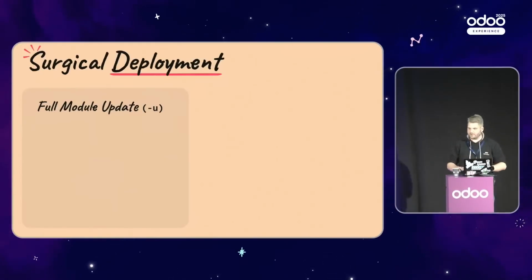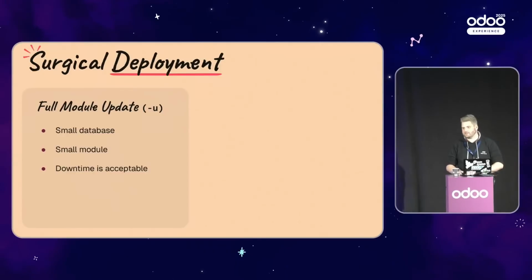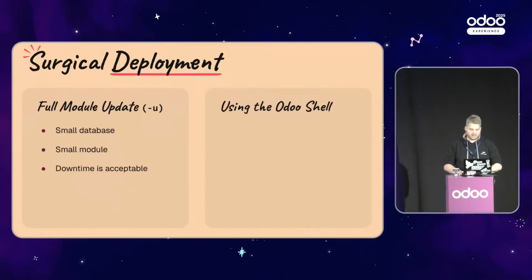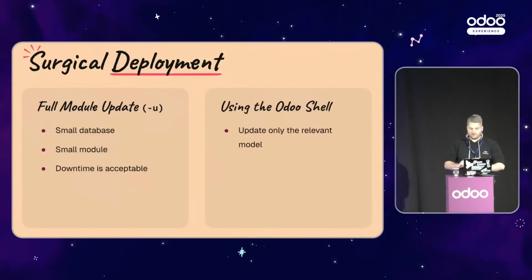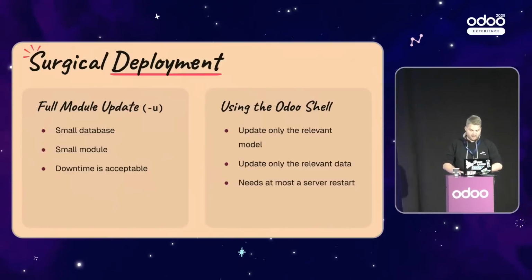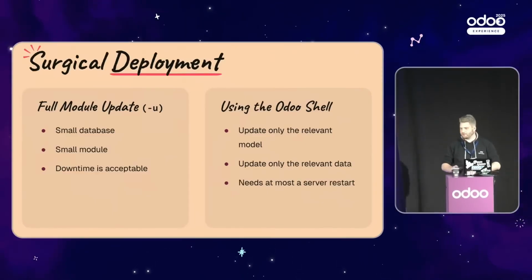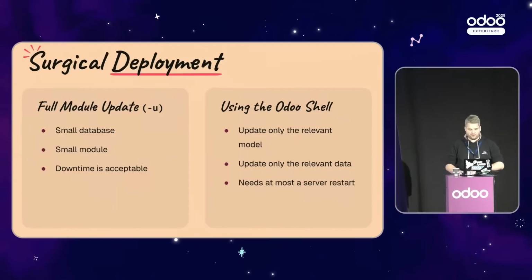It's perfectly fine to use it, but it's more relevant for small database, small modules also, but mainly, and the most important, if you can afford the downtime, of course. Now, with the Odoo Shell, what's great is that you can actually only update the relevant model, only update the relevant data, and of course, at most, you'll need a server restart, which is a downtime of a few seconds at most. So, in some cases, it can be very, very interesting.